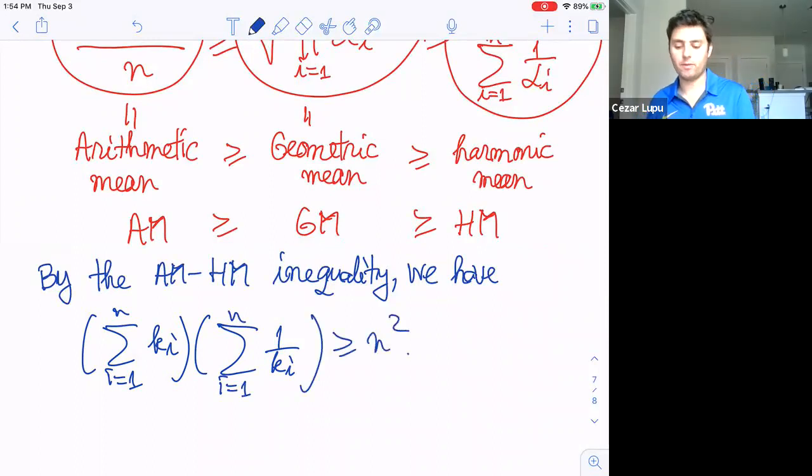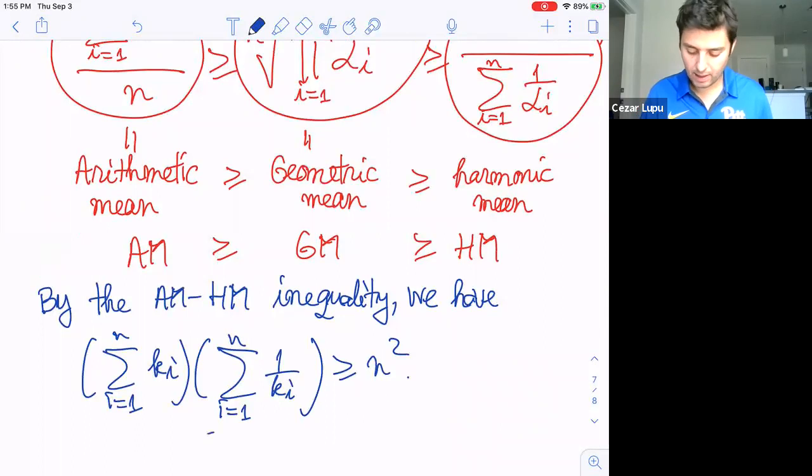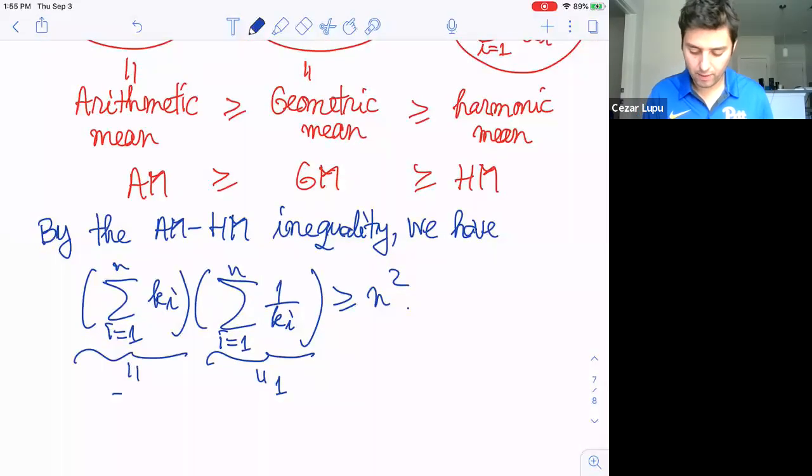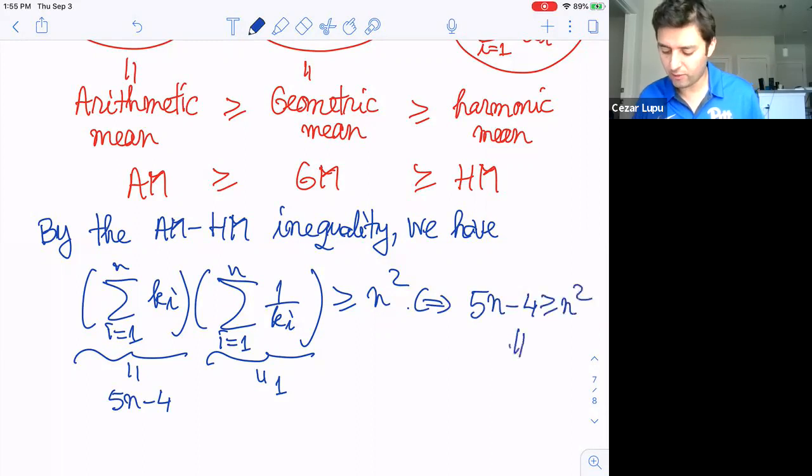But one of these is 1 and the other is 5n minus 4. So we have that 5n minus 4 is greater or equal than n squared, which doesn't happen for all n. From here it follows that n is less or equal than 4.